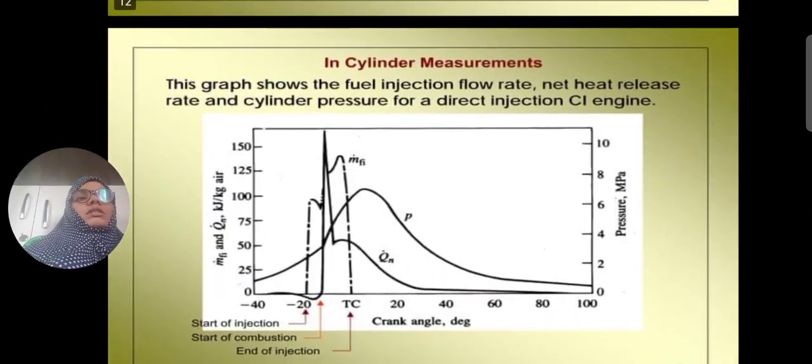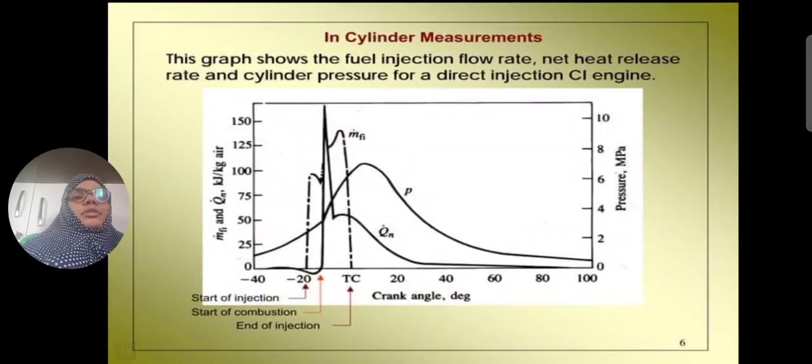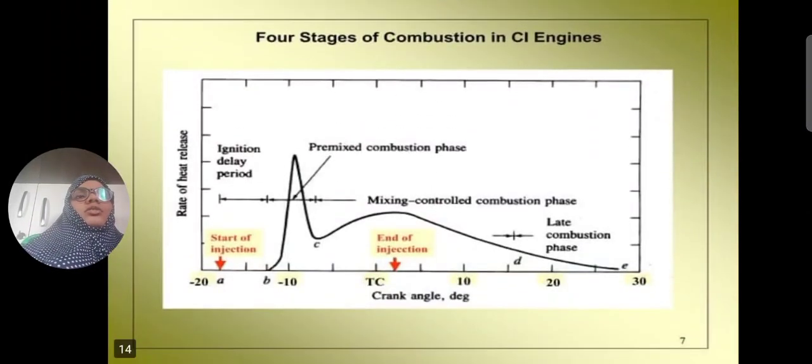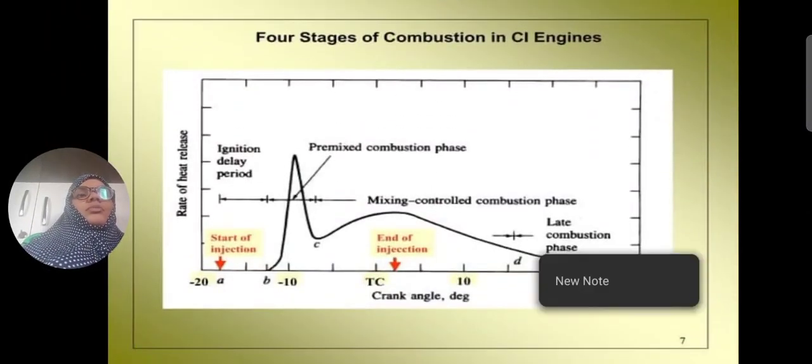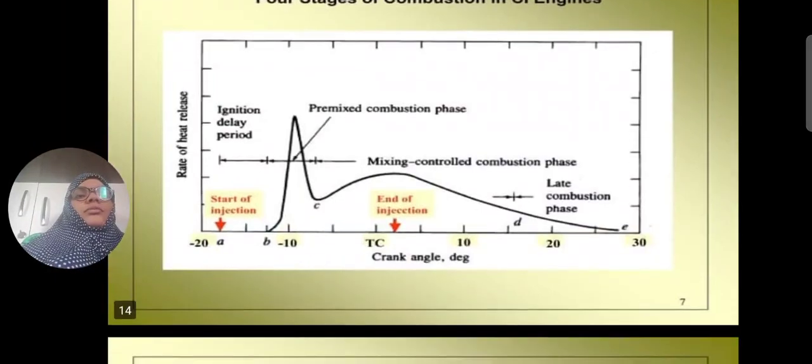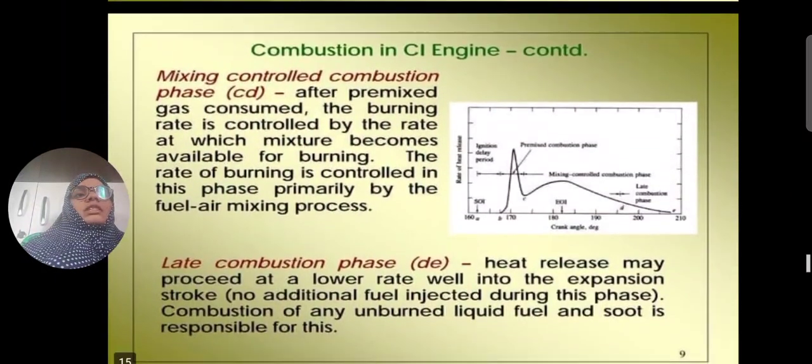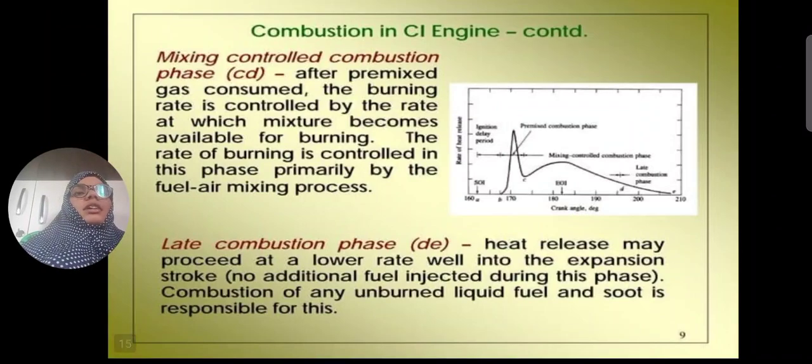And next one is in-cylinder measurements. This graph shows the fuel injection flow rate, net heat release rate and cylinder pressure for a direct injection CI engine. So, 4 stages of combustion in CI engine. Mixing controlled combustion phase: after the premixed gas is consumed, the burning rate is controlled by the rate at which mixture becomes available for burning.